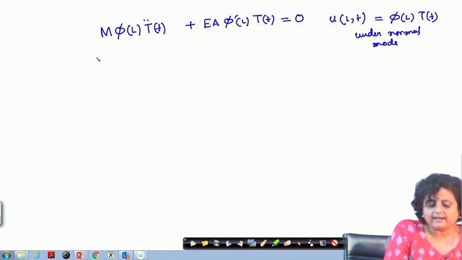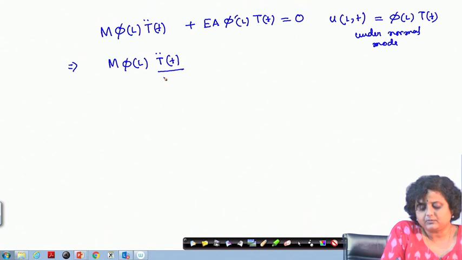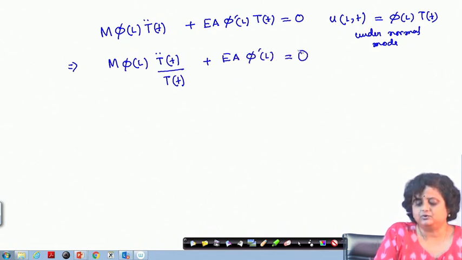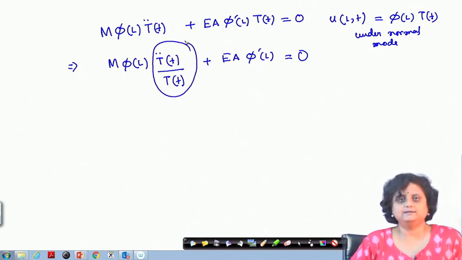Now, what I can do is write this as M into phi L into T double dot t, I divide both sides by T t, and then I have E A into phi dash L equals to 0. Now, what is this T double dot t by T t?